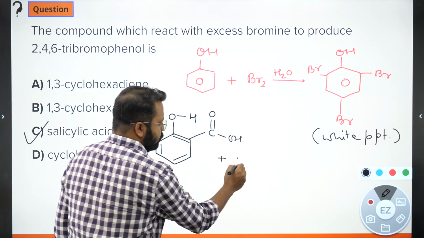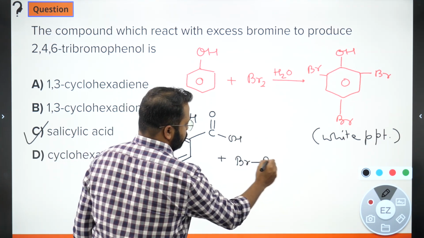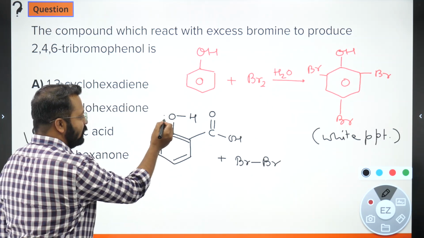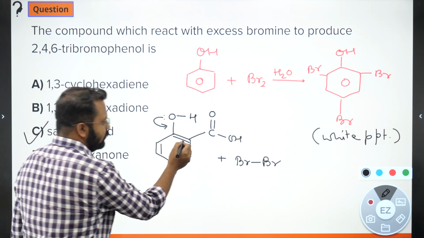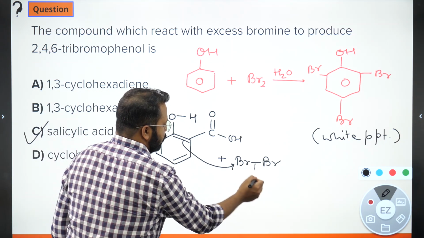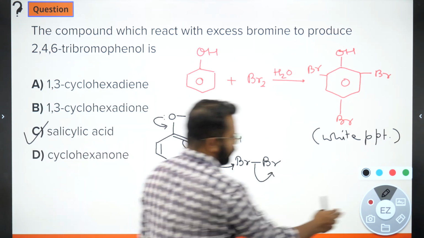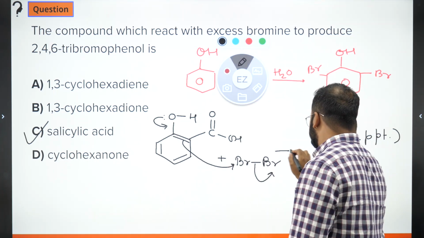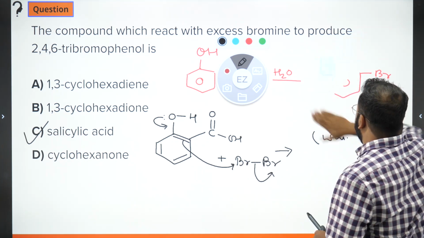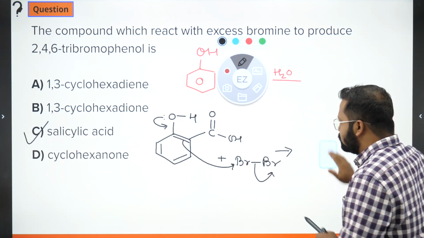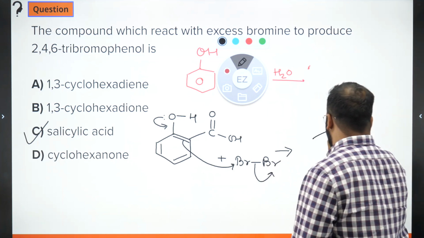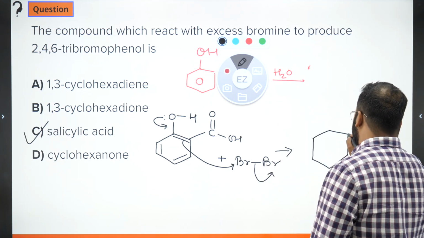and this will react with bromine. Okay, this will react with bromine in this manner कि ये दो electrons इधर move करते हैं. This will come over here and this will go out. You would obtain something like this.